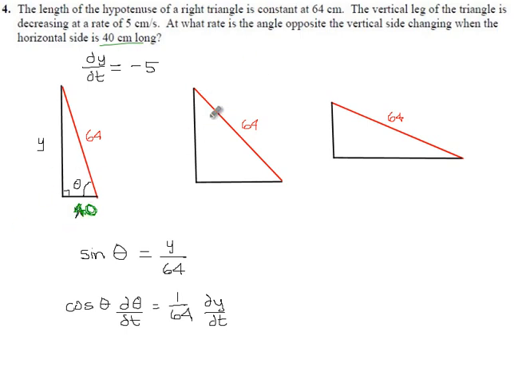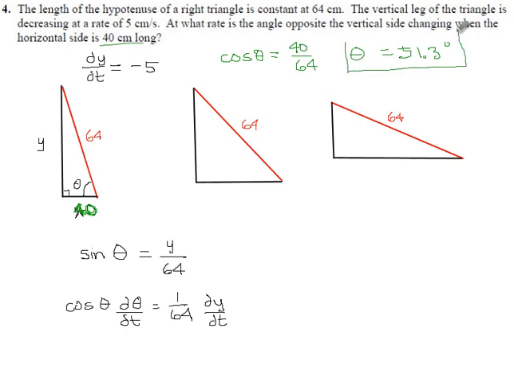So off to the side, I'm going to put cosine theta equals adjacent over hypotenuse. If we do 40 divided by 64 equals inverse cosine, I find that that angle is 51.3 degrees.